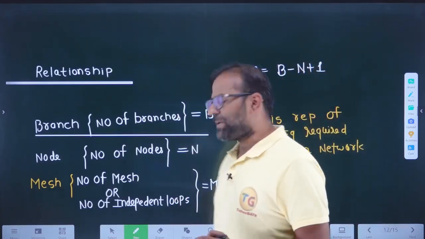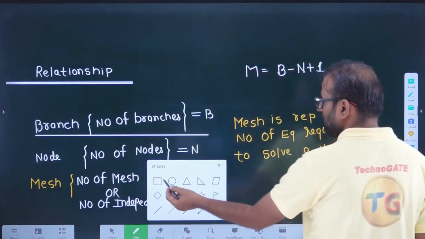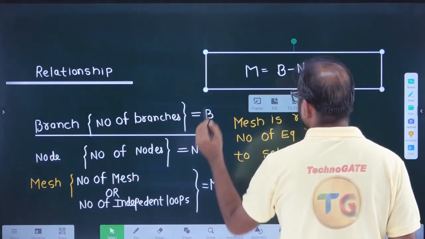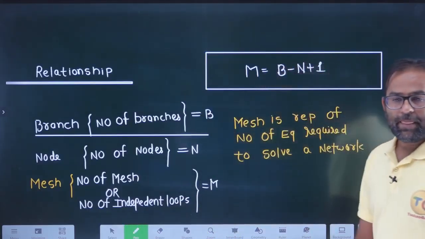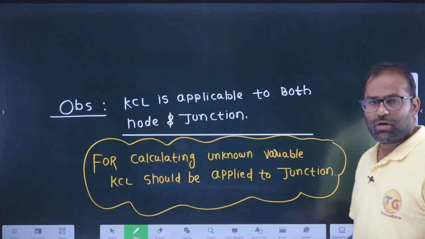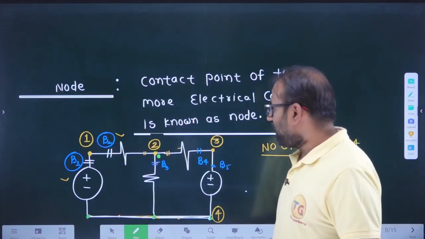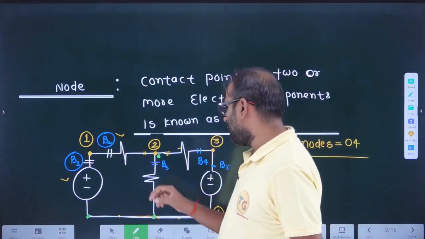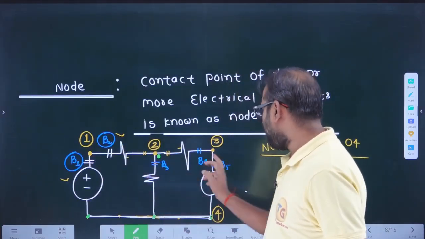So B minus N plus 1, and let's verify this formula. This formula is correct or not correct. Let's talk about this. When you look at this circuit, how many branches are there? So you can say 1, 2, 3, 4, 5 branches.